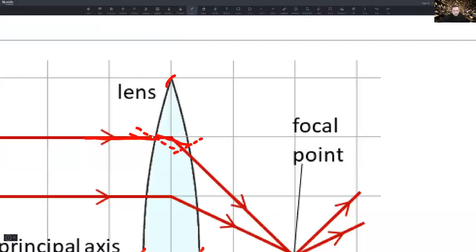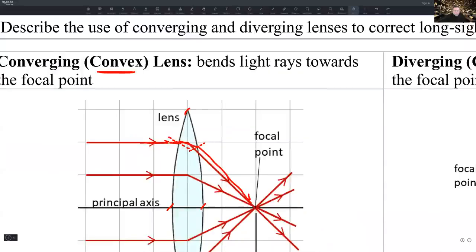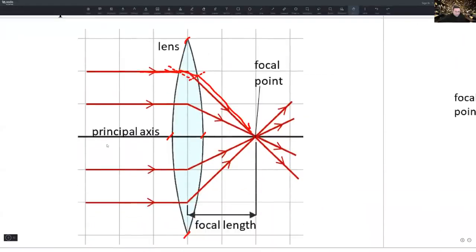And then when we draw another normal, it bends away from the normal, just like a prism. So if you do this with every single light ray that's parallel to each other that hits the lens, you will find that they all end up refracting and passing through a single point.